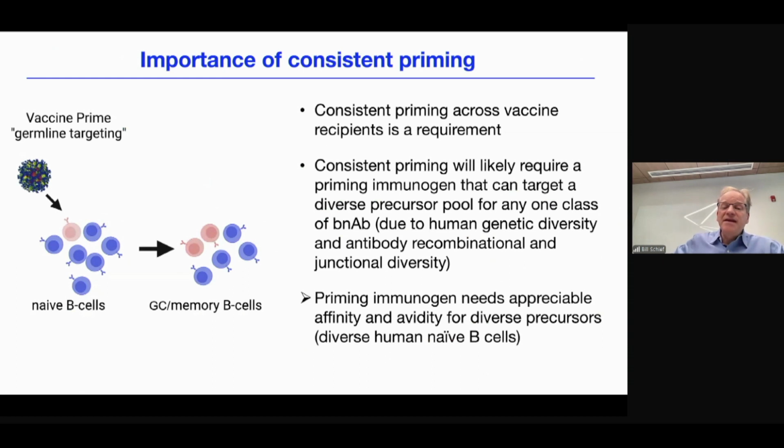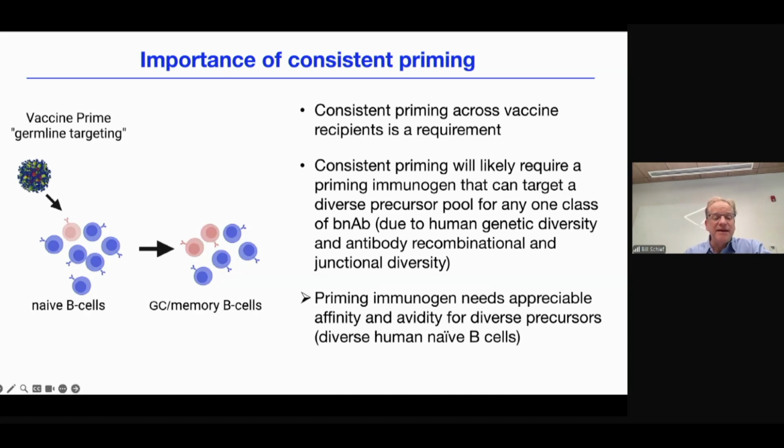So the priming step is essential, and that's very apropos for this meeting. We have to think about what the germline precursors are for each class of bNAb that we want to turn on. What does that diverse pool of precursors look like? We can define what kind of genes we think they need to have, but what are the areas of diversity that they're allowed to have?